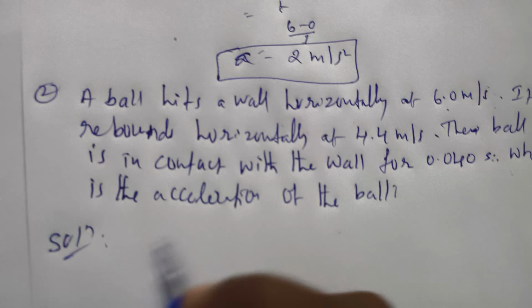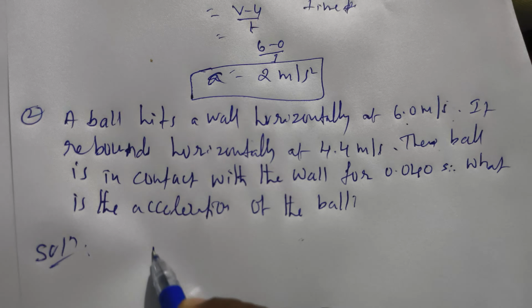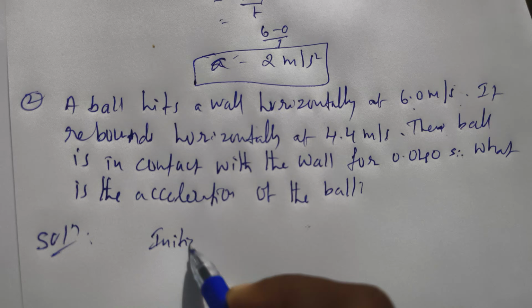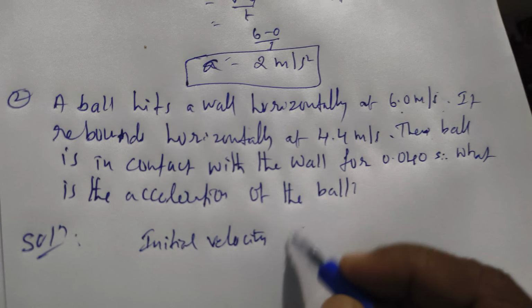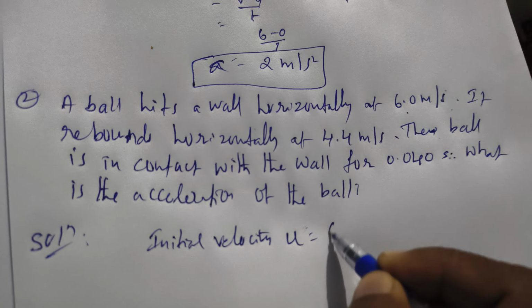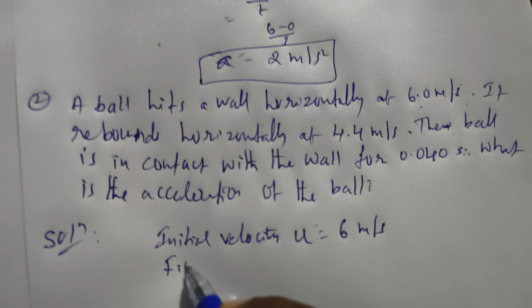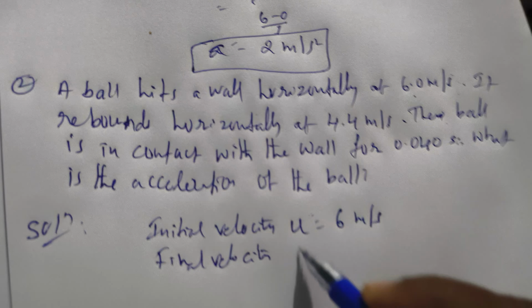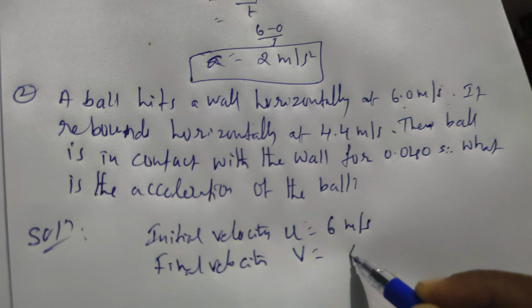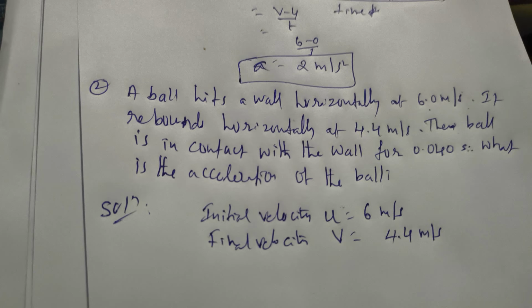So, a ball hits a wall with the initial velocity, so initial velocity u equal to 6 meter per second. Then final velocity v equal to 4.4 meter per second.